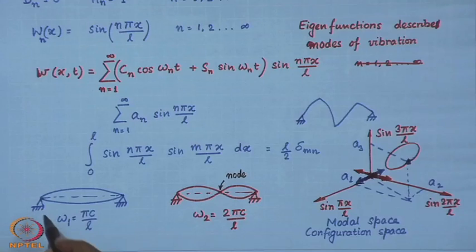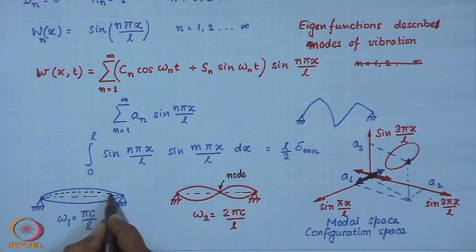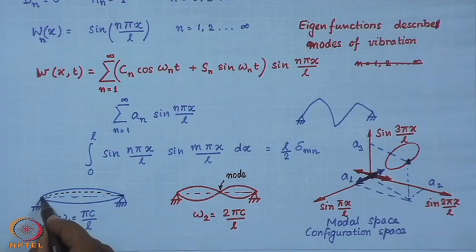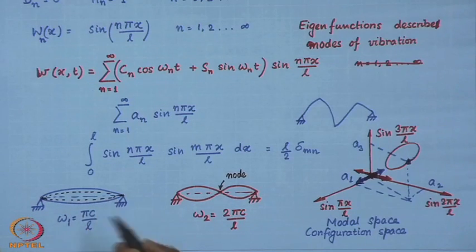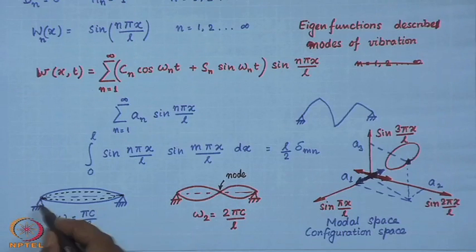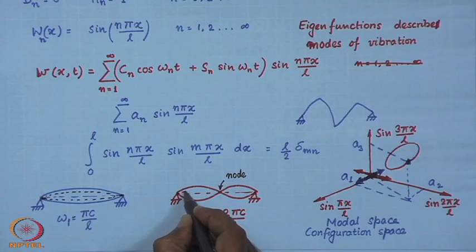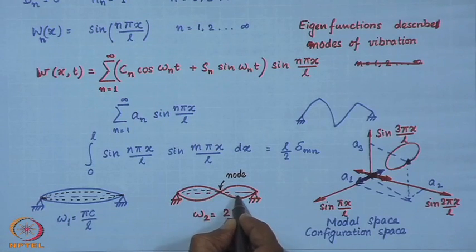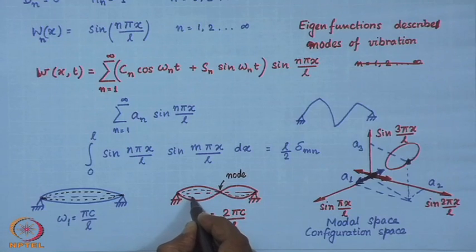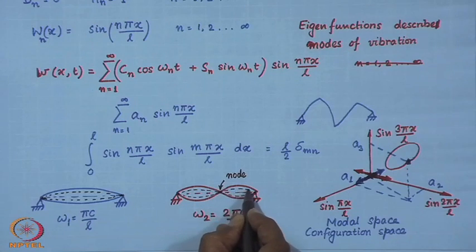So, the string essentially moves through intermediate configurations like this and then again comes back and passes through the equilibrium point. At the equilibrium point the string again becomes straight and then starts moving down and reaches this extreme, and again repeats, starts afresh. Here the intermediate configurations look like this.